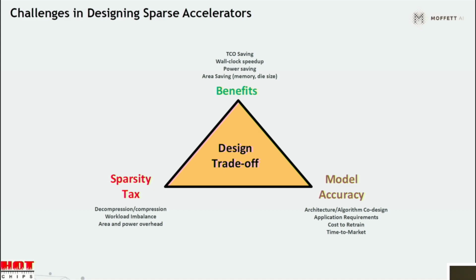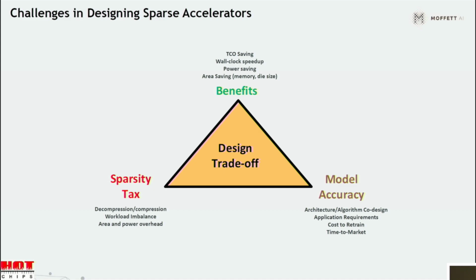The benefits are very clear. We can see wall clock speedup, power savings, and area savings, which all reduce to TCO savings. Then there is the sparsity tax, as we talked about before: decompression and compression. Sparsity also creates another problem for the workload, which is workload imbalance.